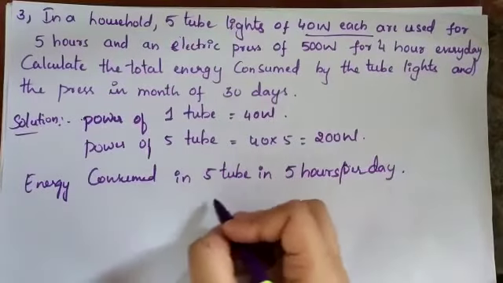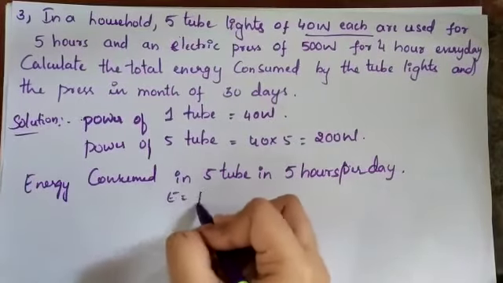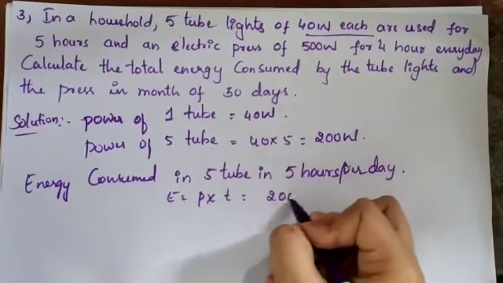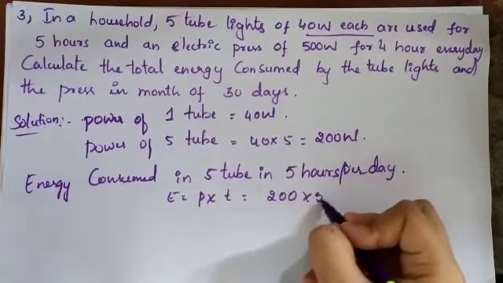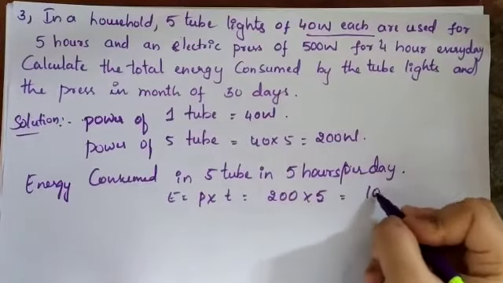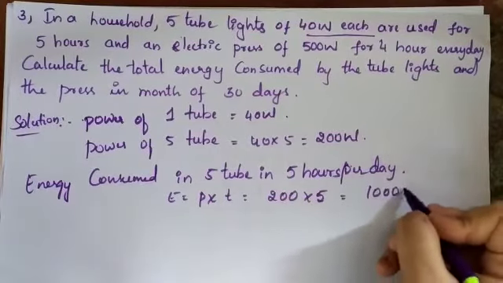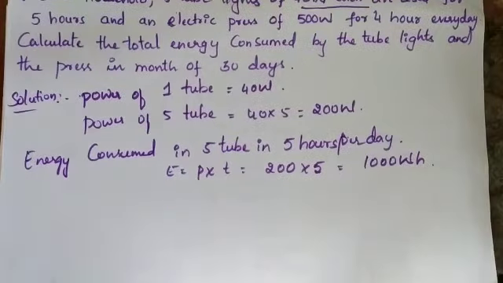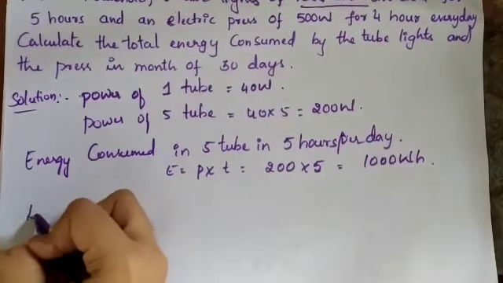E is equal to P into T. So P is 200 into 5 hours, so I'll get 1000 watt hour. I can write it as 1 kilowatt hour. Okay, so like that also I can write. Now next is energy consumed by the press.